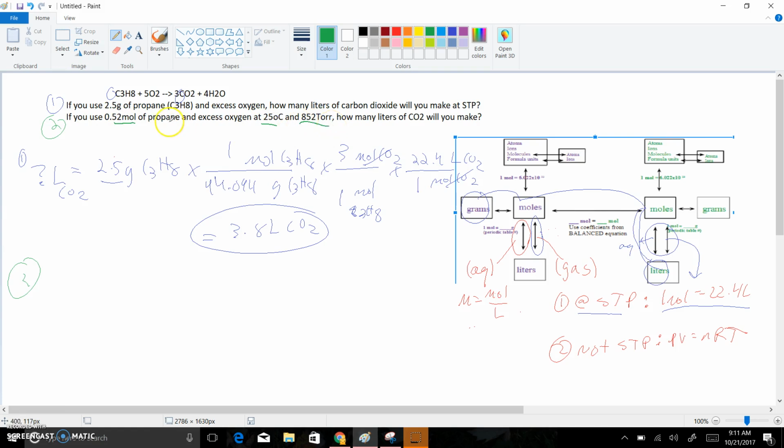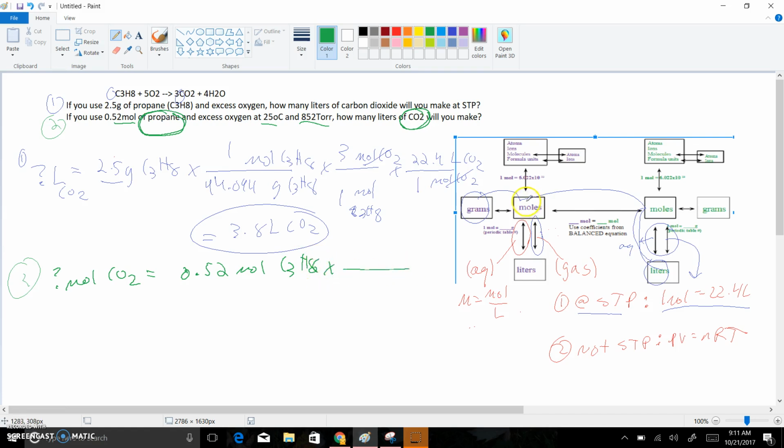But the problem you always have to look at is you have moles of what substance? Propane. And you're trying to get liters of what substance? CO2. Anytime you're going from one substance to the other, you have got to use the mole map. That's the only way you can get from one substance to the other. So that is the first thing I should do. I'm going to ask myself, how many moles of CO2 do I have when I have 0.52 moles of that propane, C3H8?